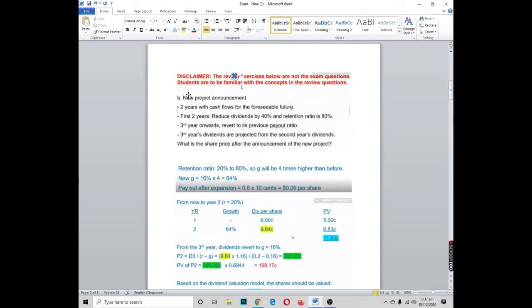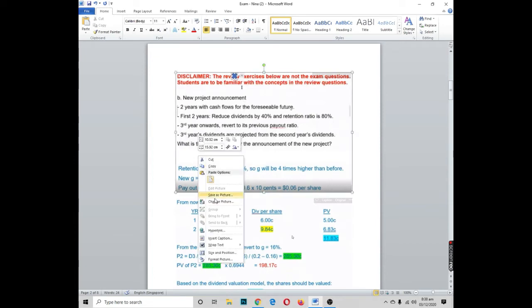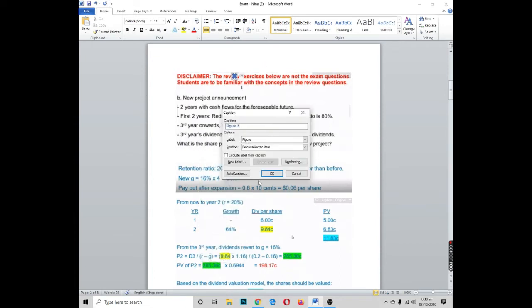The dividend we receive in year 3 is based on year 2. What is the share price after the announcement of the new project? So the requirement is here.